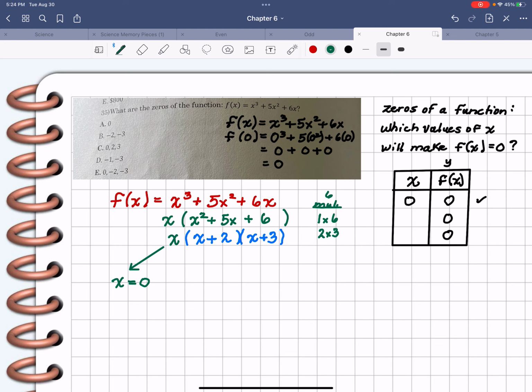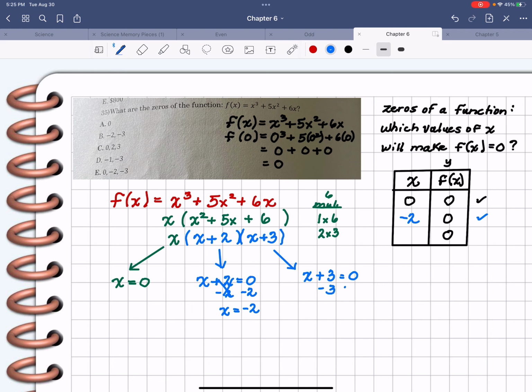x is 0. Then we need to take x plus 2 equals 0, and we need to move that negative 2 over to that side, so x is negative 2. So that would also give me a y of 0. That is this one. And then we need to do it again so that we get x plus 3 is 0.